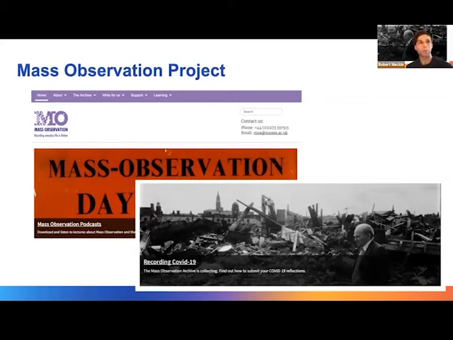They have anonymous submissions, with lots of writing, poetry and pictures, and a large archive. Researchers can also work with Mass Observation to generate what they call directives, some done by Mass Observation themselves, and some in collaboration with researchers interested in particular questions.